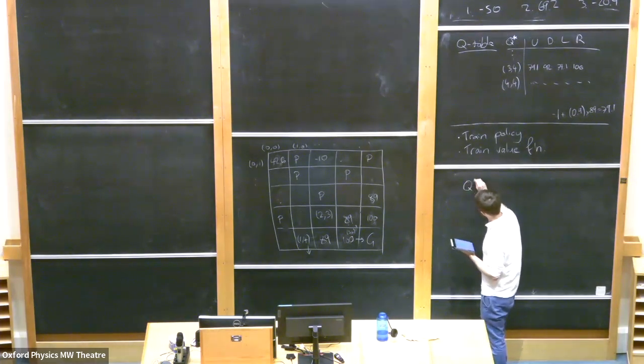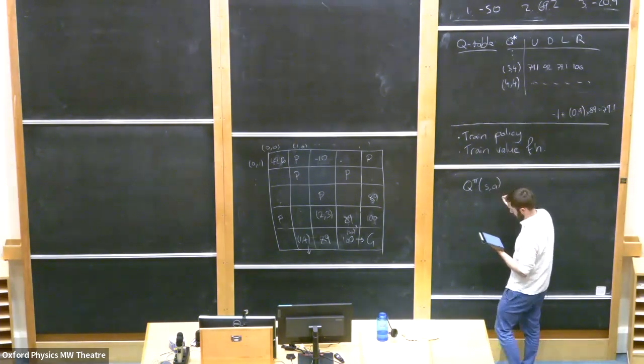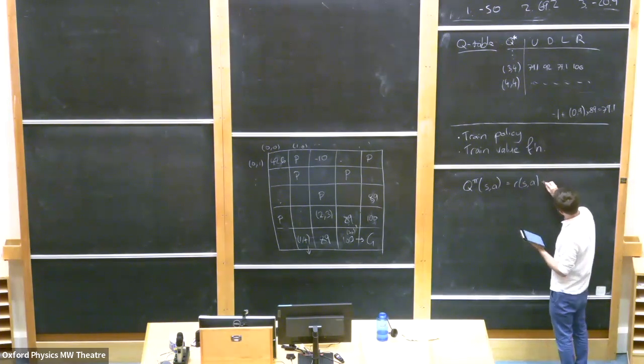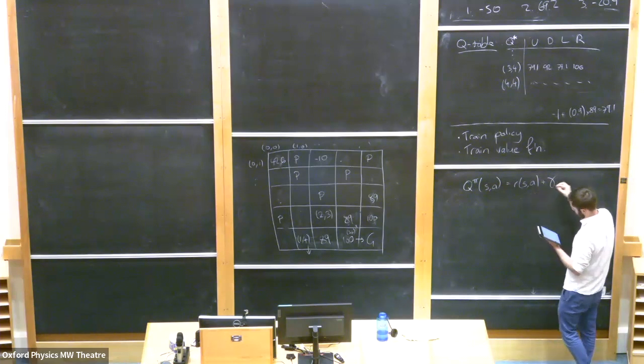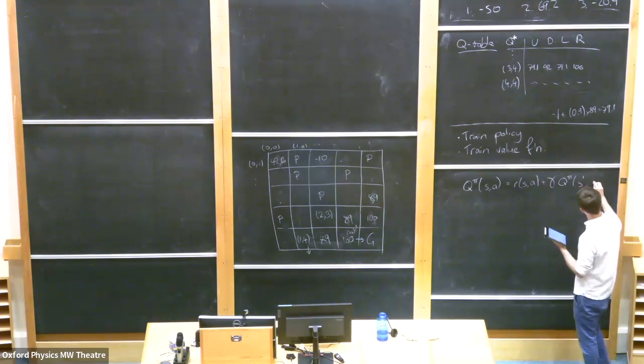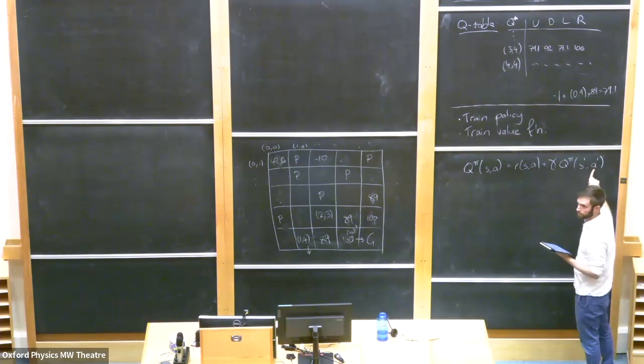So there's a consistency condition, which is that the Q function for taking a certain action at a certain state is, and this is just a slight variation of what I wrote above, the reward you get initially, plus gamma times the Q function of being in that next state and taking the next action according to your policy.